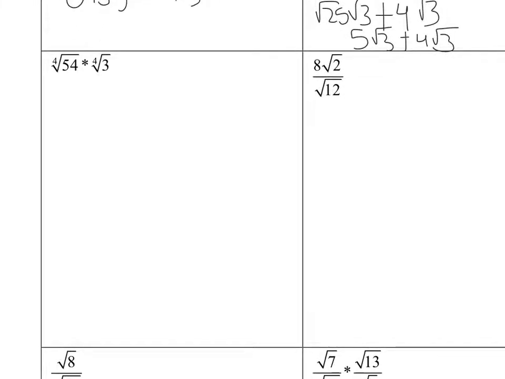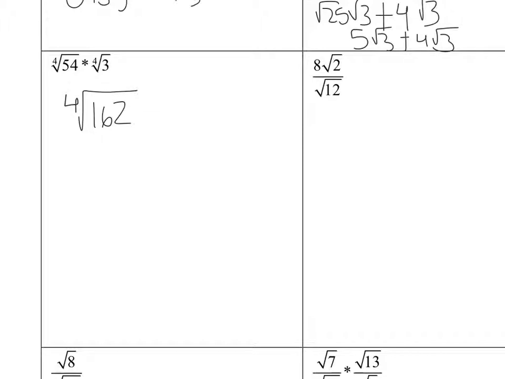So here, now see how they're both under fourth root? That's good. That means we can multiply them. But I want to think, can I simplify anything first? There's nothing you can simplify first, so you just multiply it out. You get fourth root of 162.